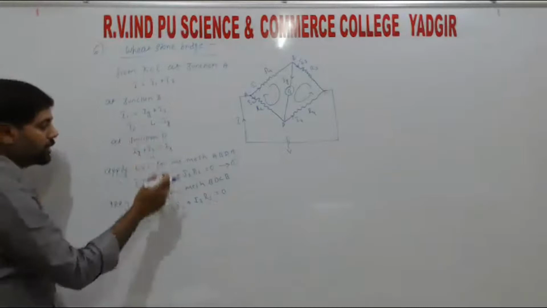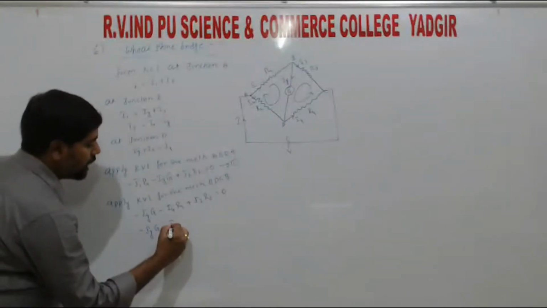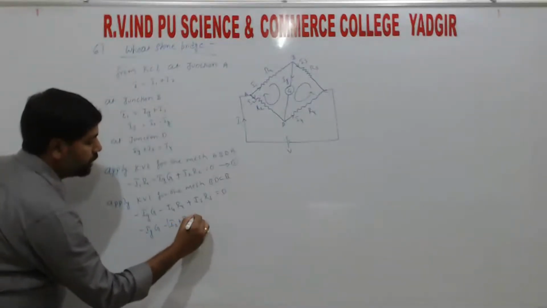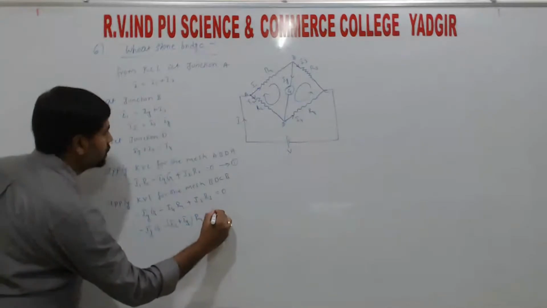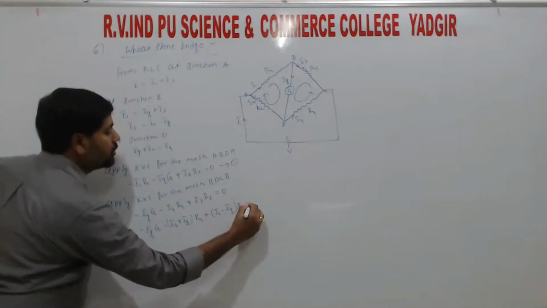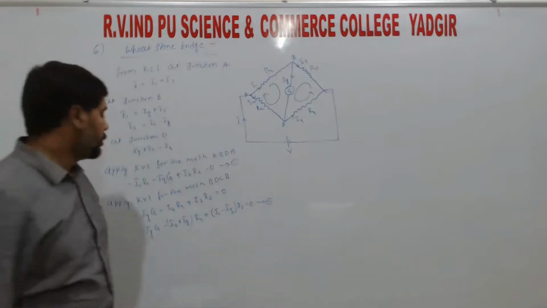Right? So I3 and I4 are there, so substitute the values: minus IG into G minus I2 plus IG into R4 plus I3, that is I1 minus IG, into R3, that is equals to 0. This one is the second relation, right?